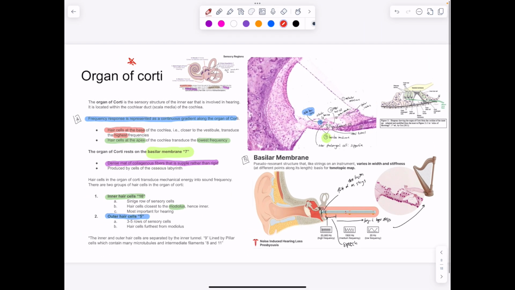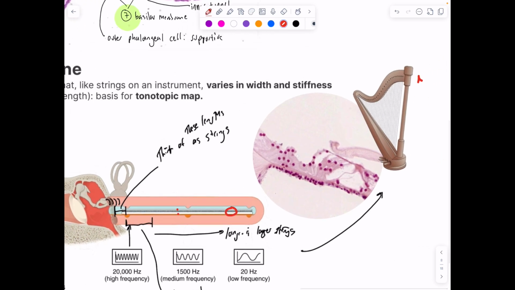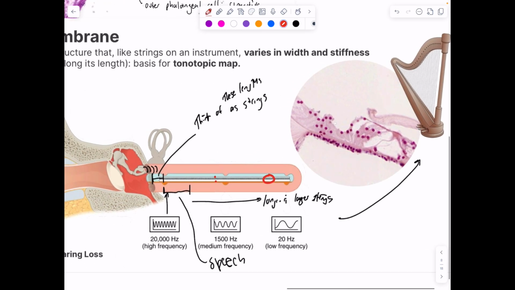And so basically the idea is that if you think of the organ of Corti, this whole part right here, as kind of like a harp, as sound comes in, if you think from here to here, that would be like this section of the harp. And if you were to pluck on this section, it'd be a high pitch or high frequency, right? That would be like going ee, like a really high sound.